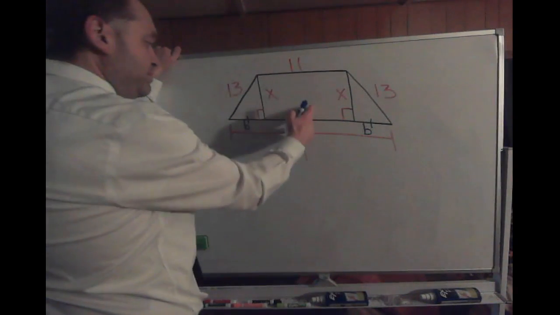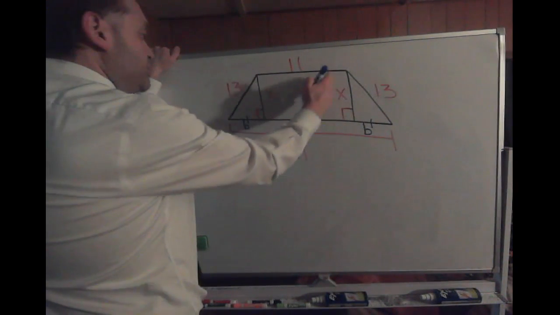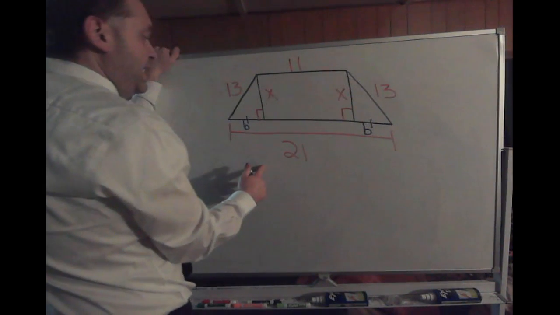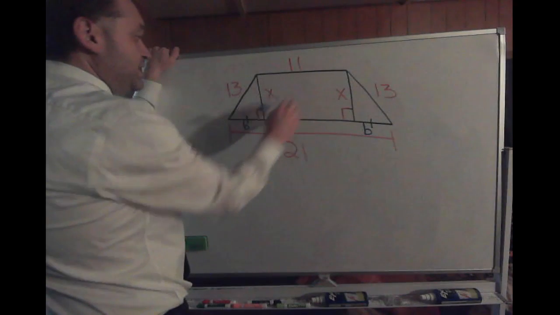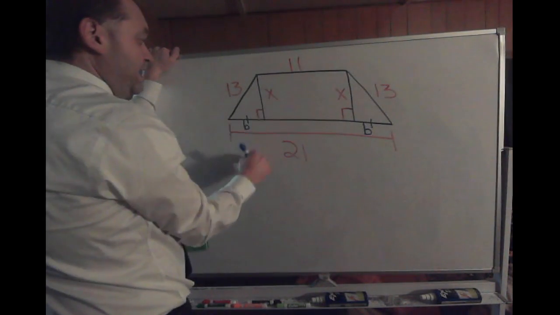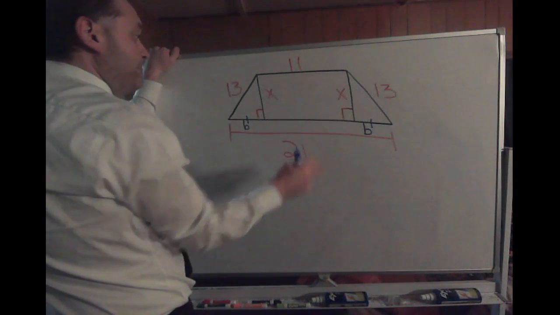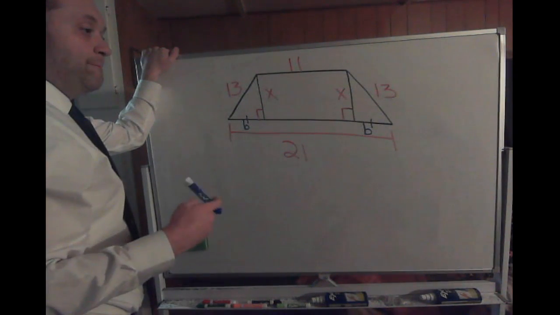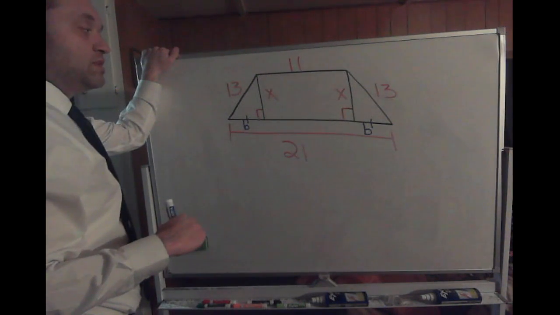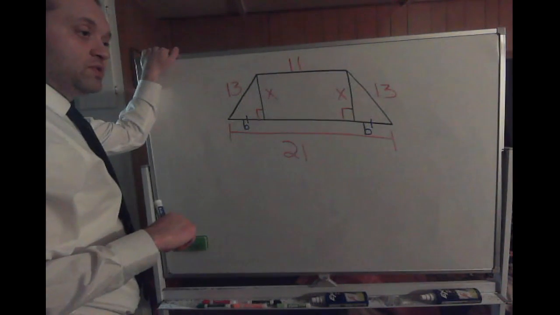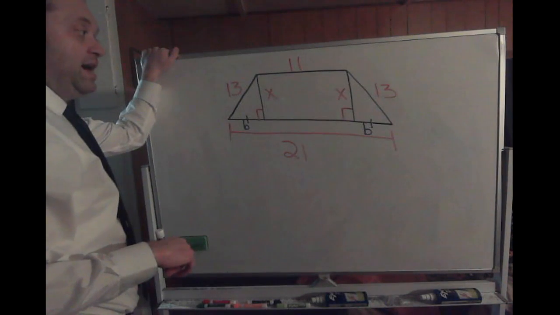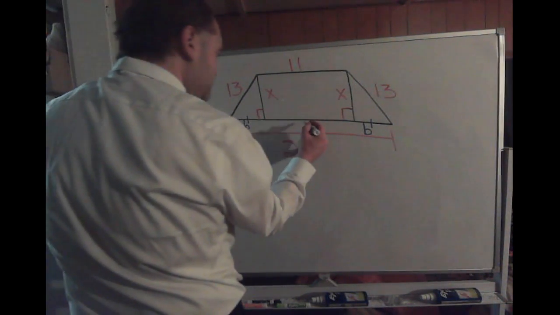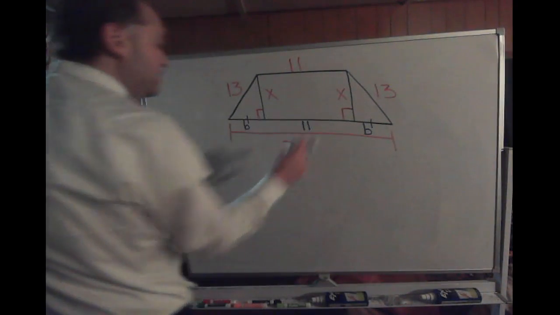We split this trapezoid into two right triangles, which would have to mean that on the other side you have a quadrilateral with two right angles and two congruent sides. So if you have two congruent sides and two congruent angles, then you have to have a parallelogram, which would make the length of this part of the parallelogram 11.